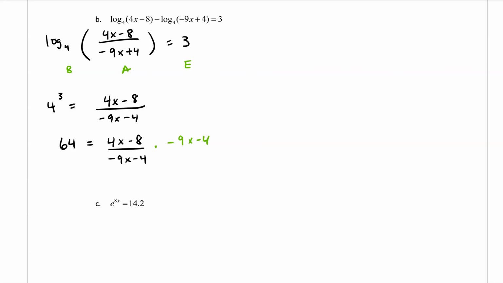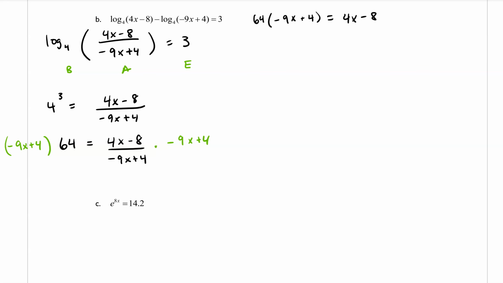I missed a plus sign, sorry, that should be plus all around. And then I'm going to multiply this side by negative 9x plus 4. And if we do that, then our equation will look like 64 times negative 9x plus 4 is equal to 4x minus 8.